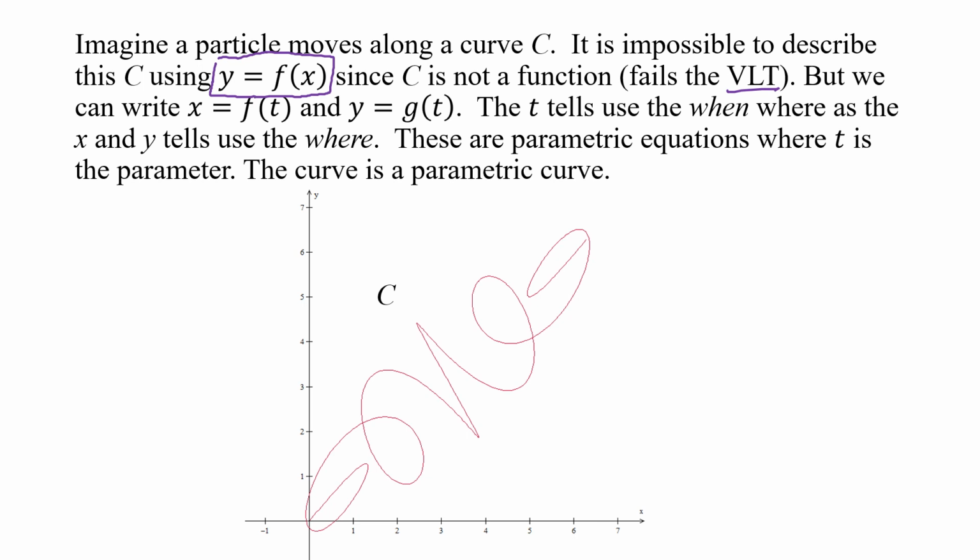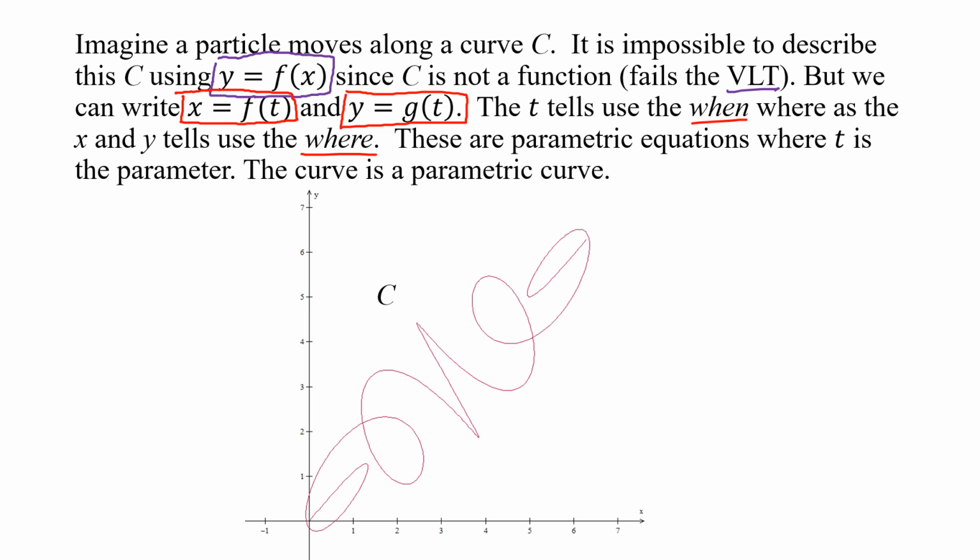But we could write our functions, instead of y equals f of x, we could write our x value in terms of a function of t and our y value as another function of t. The t will tell you when you are at a spot. The x and the y tell you where you are at that spot. So your t is kind of like your time component.